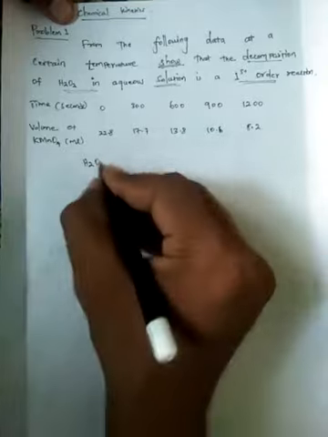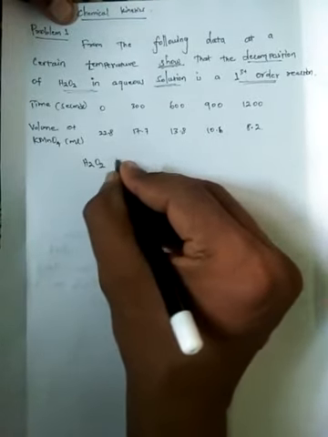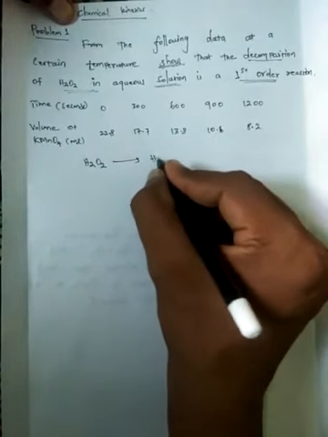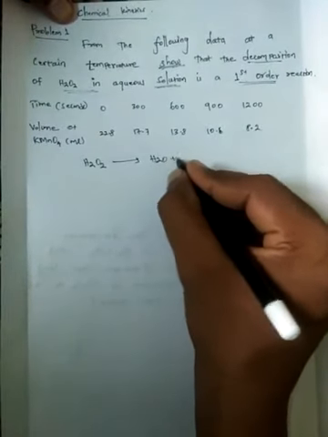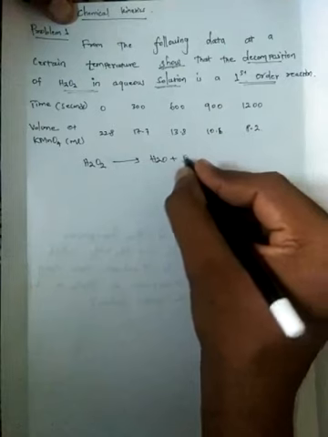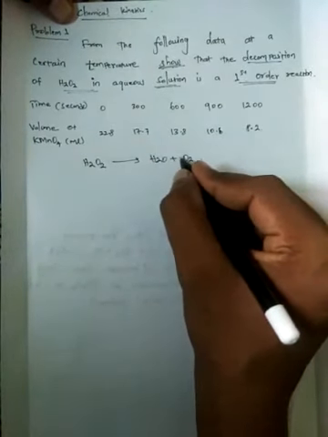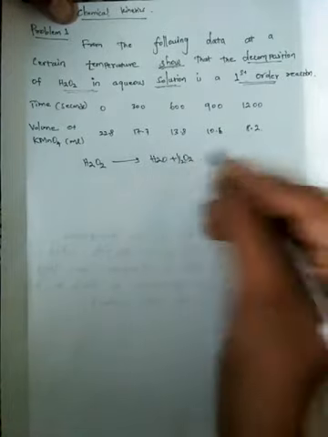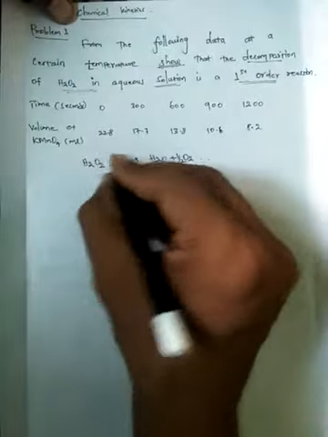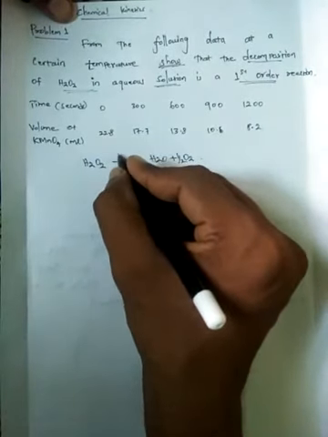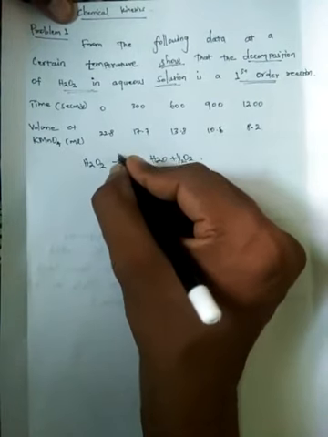So hydrogen peroxide in aqueous solution is decomposed. Usually this is decomposed into water and oxygen. For this decomposition reaction, of course, you need a catalyst, either light or a catalyst.